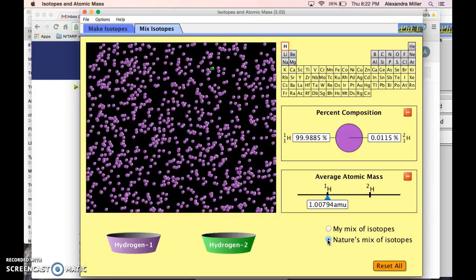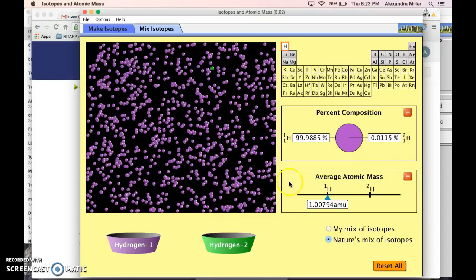Wow. Okay. So this is a way to visualize just how many of one isotope compared to another there exist in nature. So here's hydrogen 1 compared to hydrogen 2, 99.9885% to this 0.0115%.